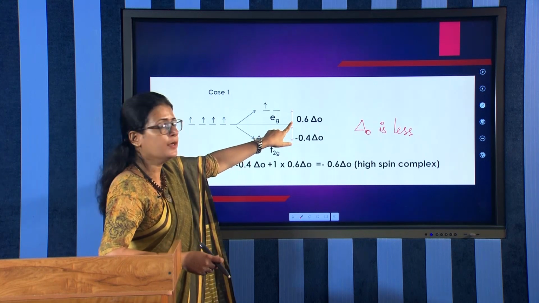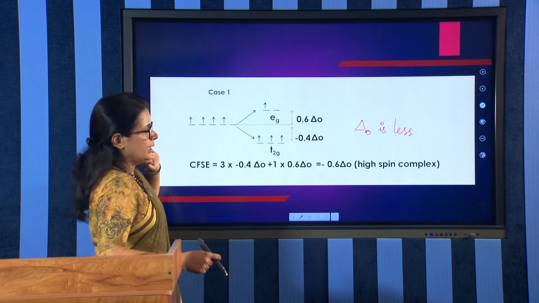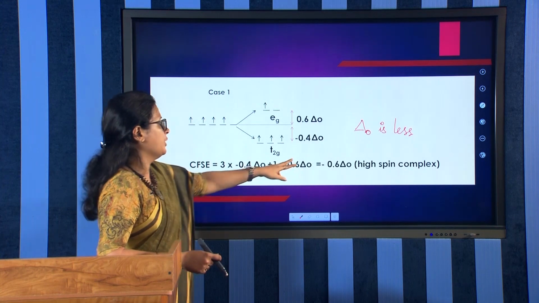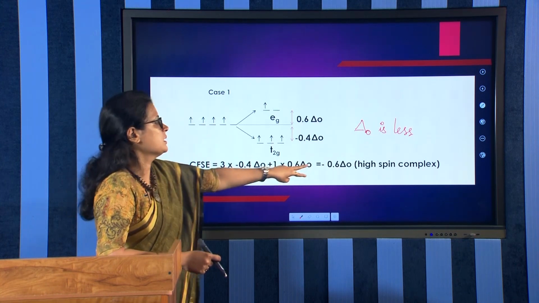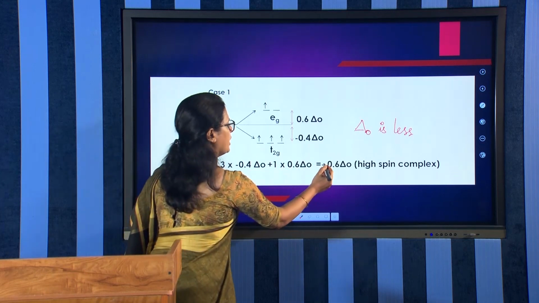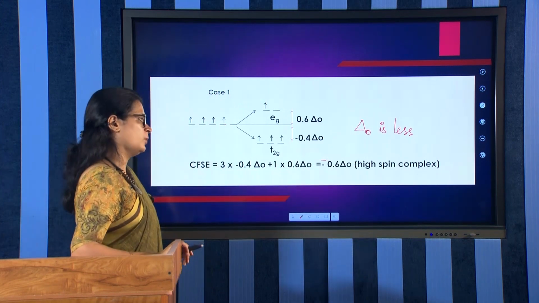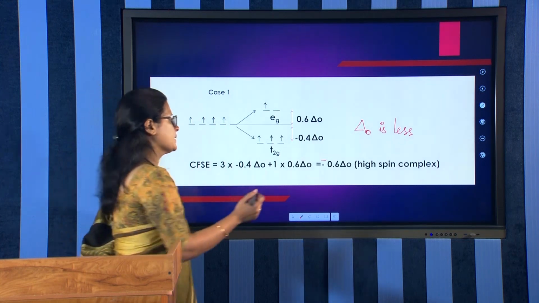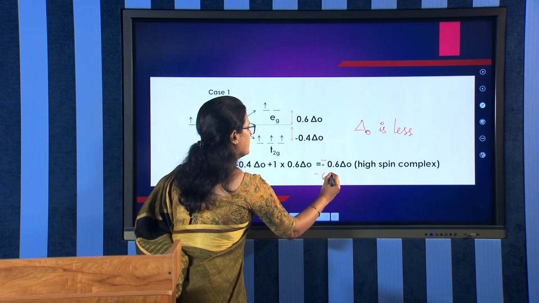It is 0.6 delta O. So, plus 1 into 0.6 delta O, that is minus 1.2 plus 0.6, that is minus 0.6 delta O. This is the crystal field stabilization energy, minus 0.6 delta O, or in terms of dq you can write as minus 6 dq.